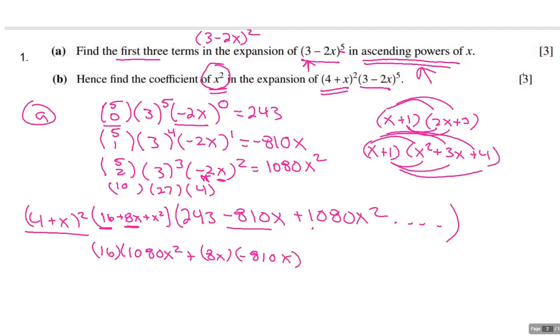And then I would multiply x squared times everything over here. But once again, there's only one number out of these numbers that is actually going to end up being an x squared. What's that? 243. And we could figure that one out pretty quickly. That's going to be 243x squared, yes? Yeah. So now, do these other ones. What's this? What's this? And then add them together and tell me what you get.